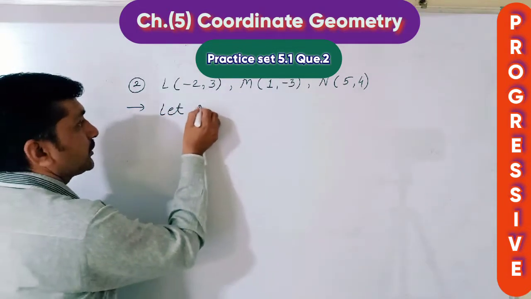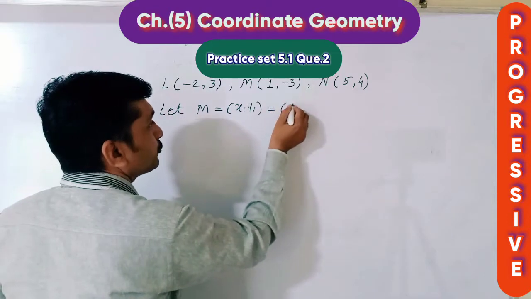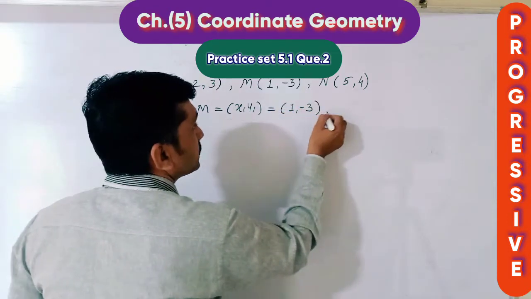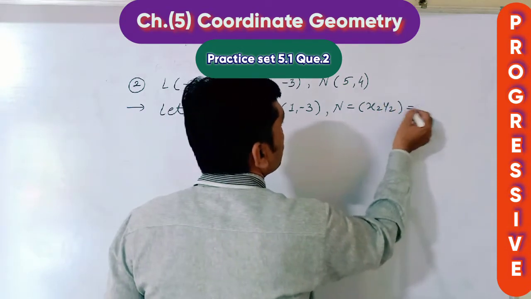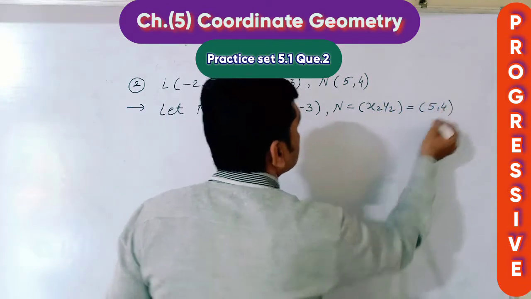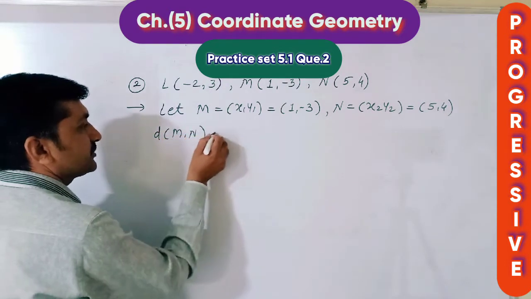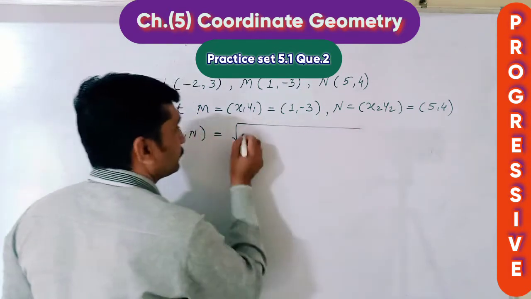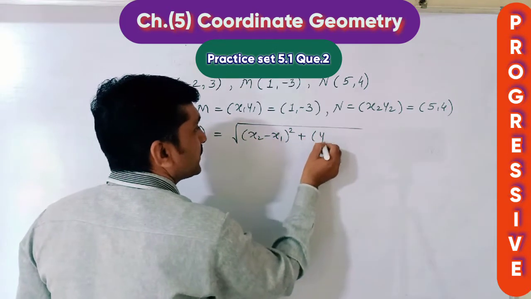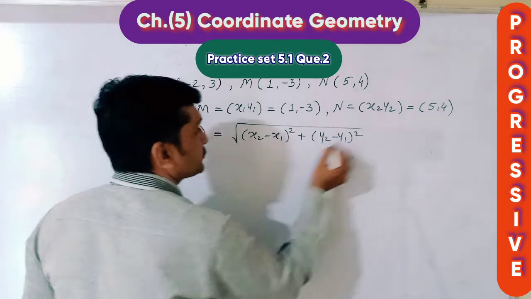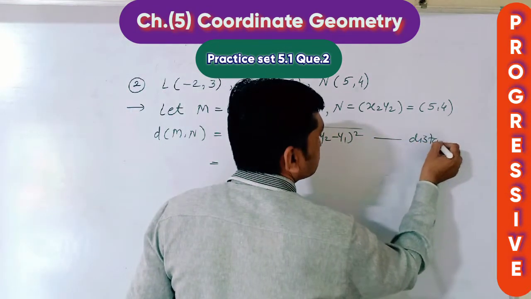Let M is equal to x1, y1. Coordinates are 1, minus 3. N is equal to x2, y2. Coordinates are 5, 4. Distance MN is equal to square root of x2 minus x1 bracket square plus y2 minus y1 bracket square is equal to, here write the distance formula as support.